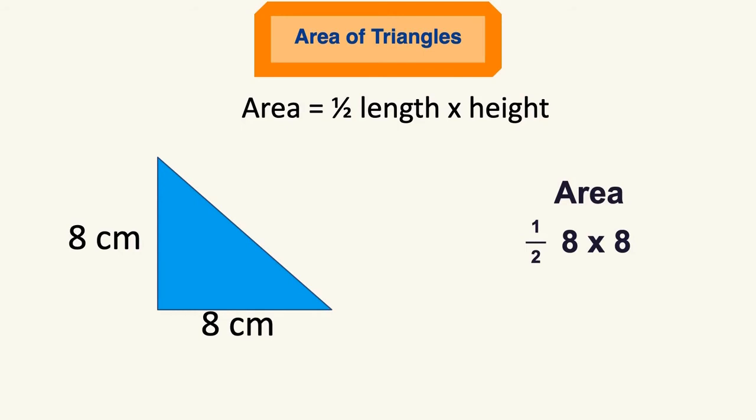What is 8 multiplied by 8? Yes, that's 64. Once we do that, we ask ourselves, what is half of 64? Or 64 divided by 2. That's the same thing. When we do that, we get 32 centimeters. But of course, we know that area is measured in, that's correct, square units. So our answer is actually 32 square centimeters.